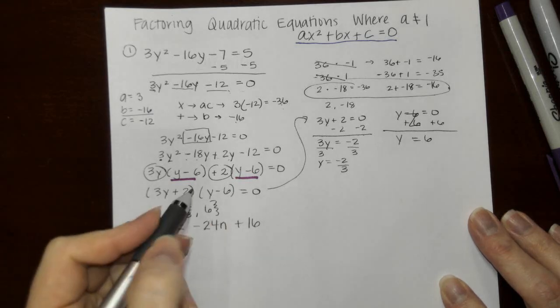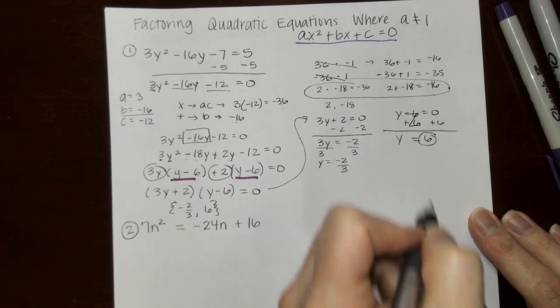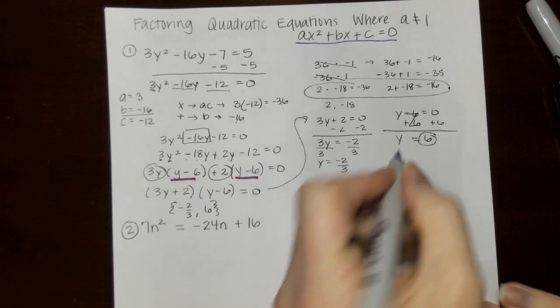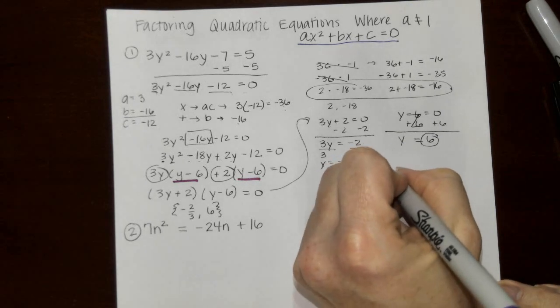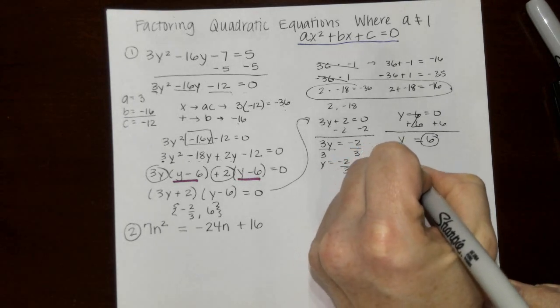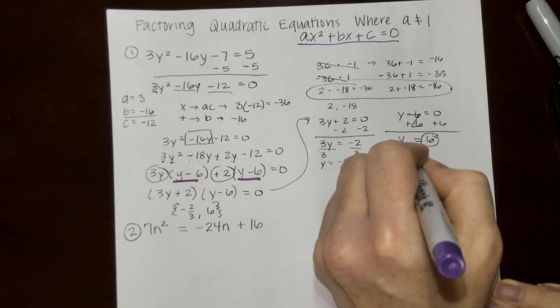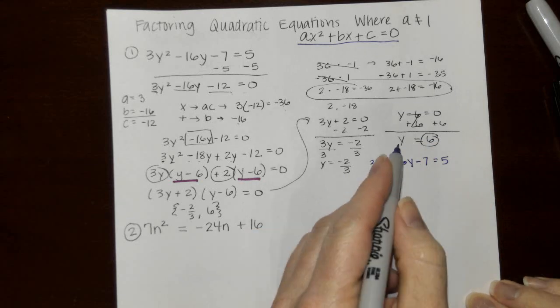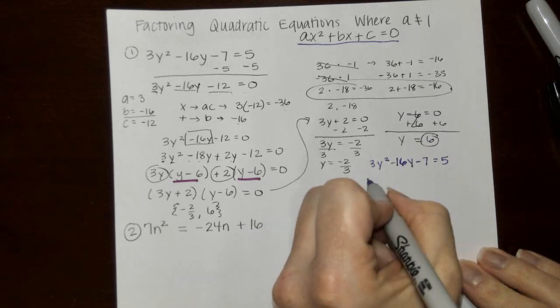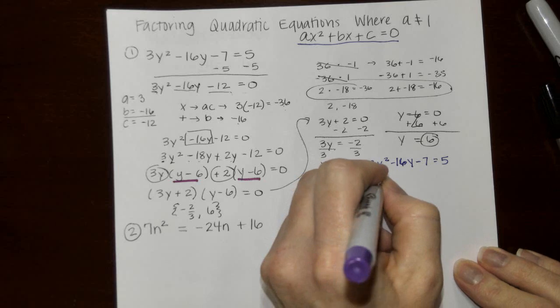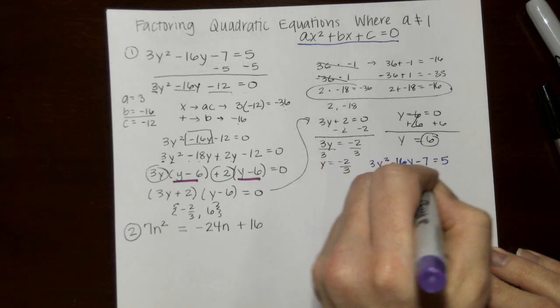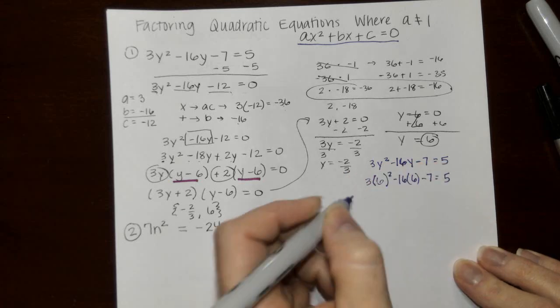Okay, so I'm going to show you how to check with 6. So if I had 3y squared minus 16y minus 7 equals 5, everywhere there's a y, I'm going to put a 6. So 3 times 6 squared minus 16 times 6 minus 7 equals 5.